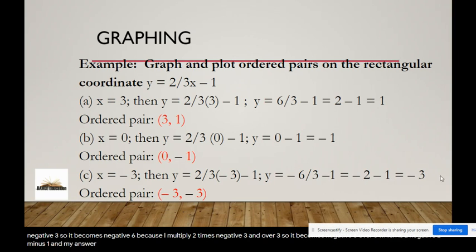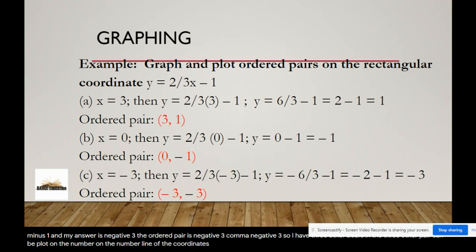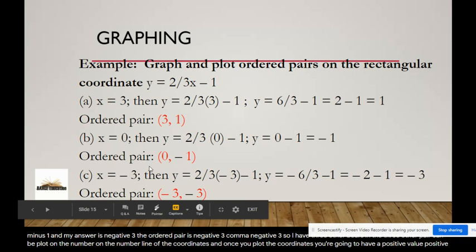My answer is negative 3. The ordered pair is (-3, -3). So I have 3 ordered pairs, and the 3 ordered pairs can be plotted on the coordinate plane. Once you plot the coordinates, you're going to have a positive slope as well.